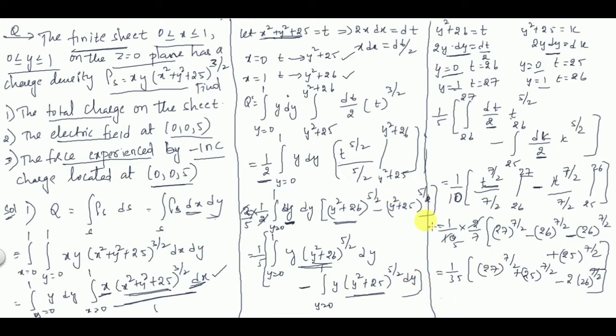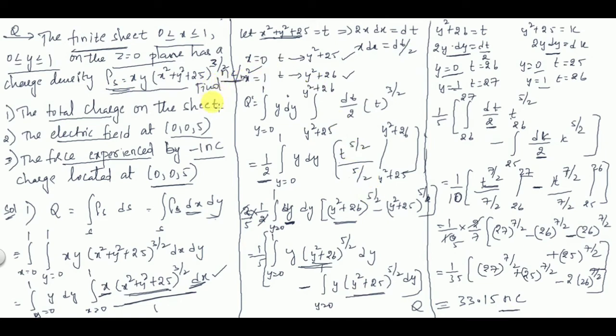So you'll get around 33.15 nanocoulomb. Sorry, this is nanocoulomb per meter square. Rho s is in nanocoulomb per meter square, so you'll get the charge also in nanocoulomb.